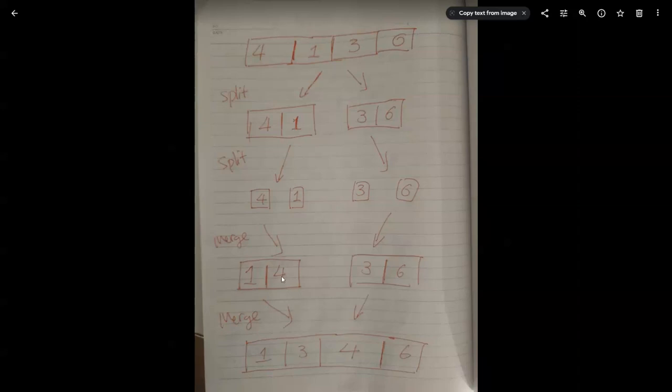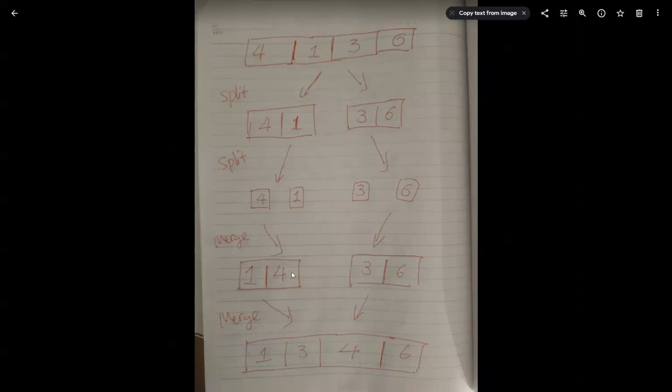Then the 4 will be compared against 6. 4 is smaller than 6, so 4 will be in the third spot. And now what is left is only 6, so that is automatically in the last spot. So this is the basic algorithm of merge sort.